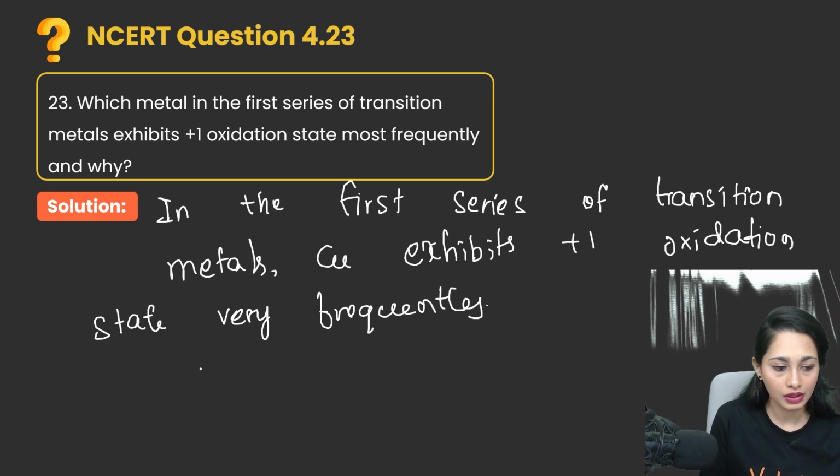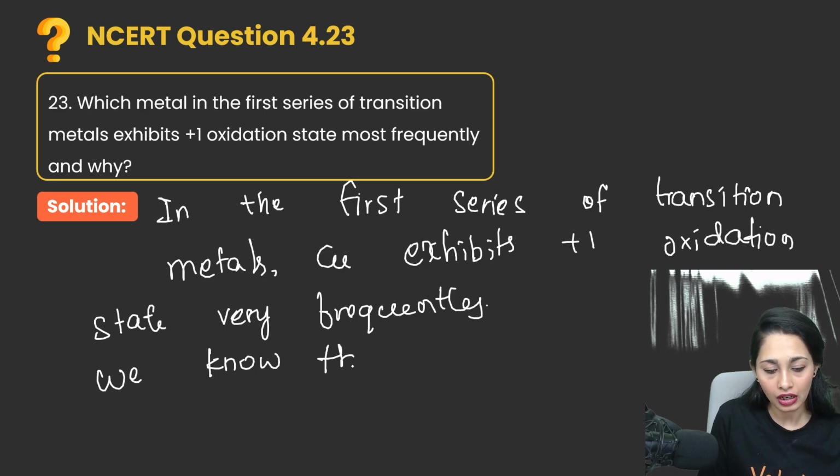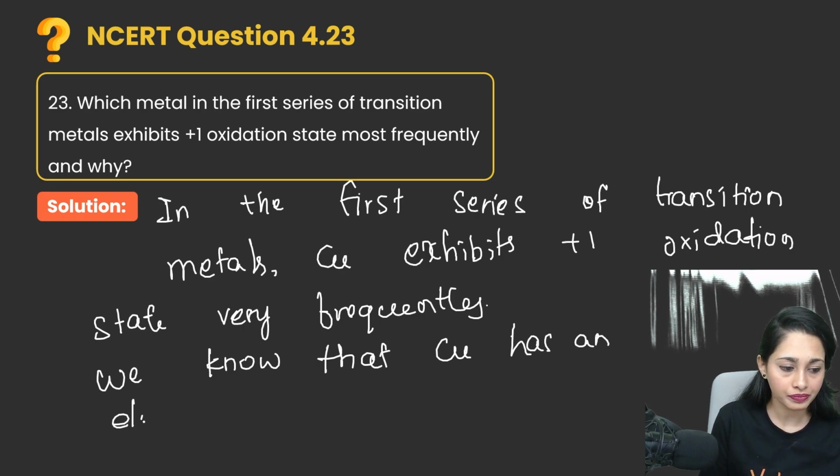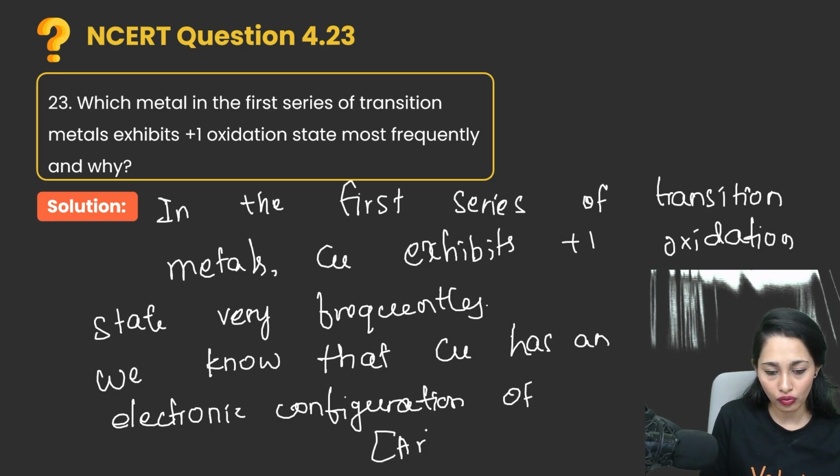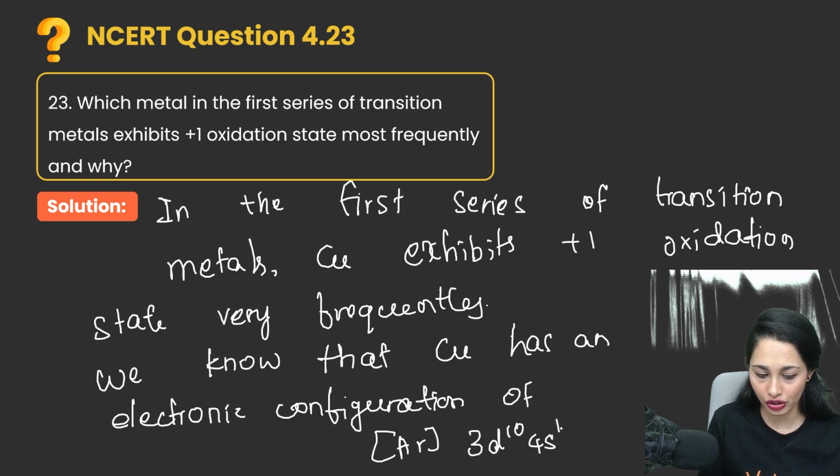We know that copper's electronic configuration is argon followed by 3d10 4s1.